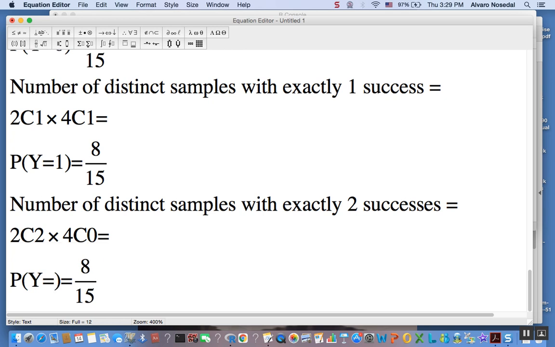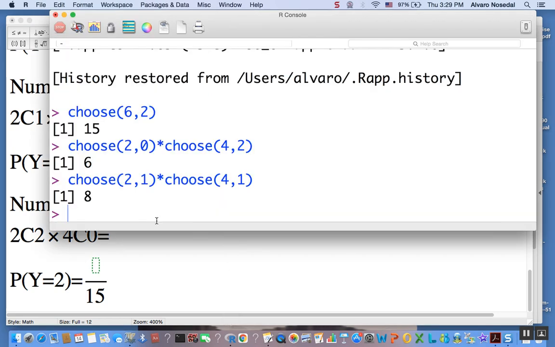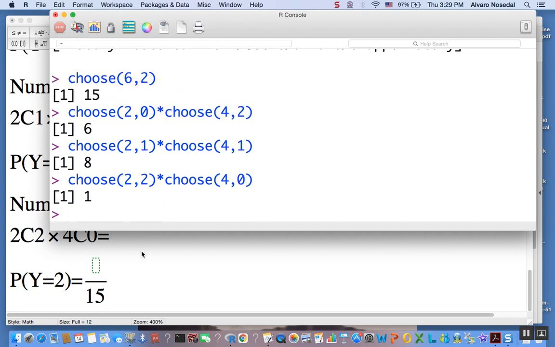Then we do the math using R. So this guy turns into a 2, right? Now we want 2 successes, 0 failures. And that's just 1.